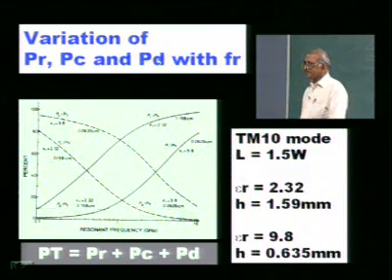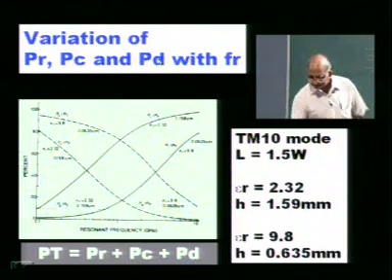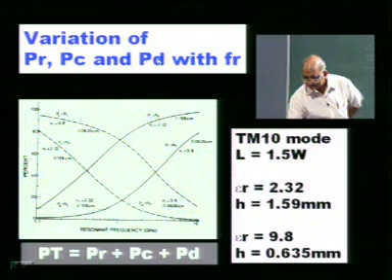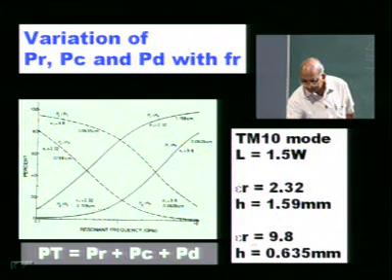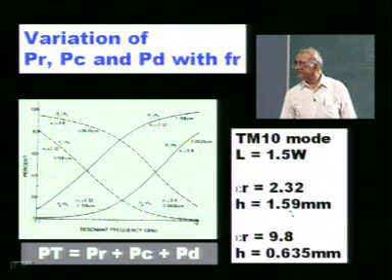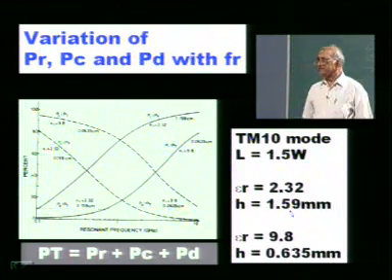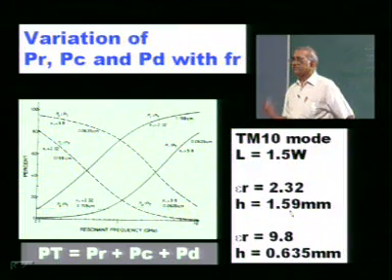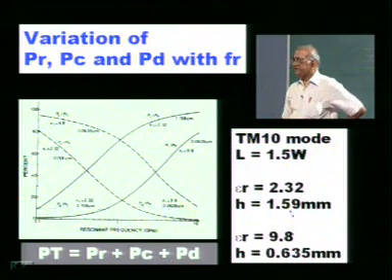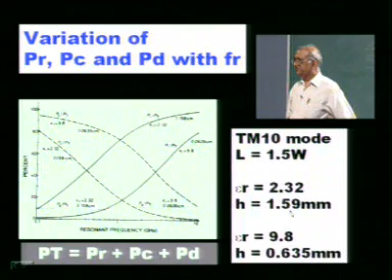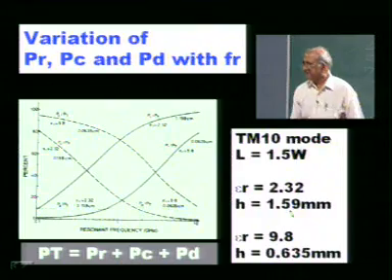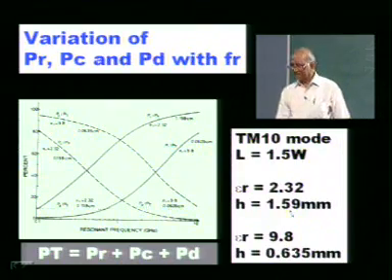Naturally, it will depend upon the substrate parameters and the metallization, etc. So, here two cases are taken care of, epsilon r 2.32 and epsilon r 9.8. What we should expect is that for the lower value of epsilon r, you should have more radiated power, PR should be more percentage-wise, whereas for epsilon r 9.8, PR should be less.